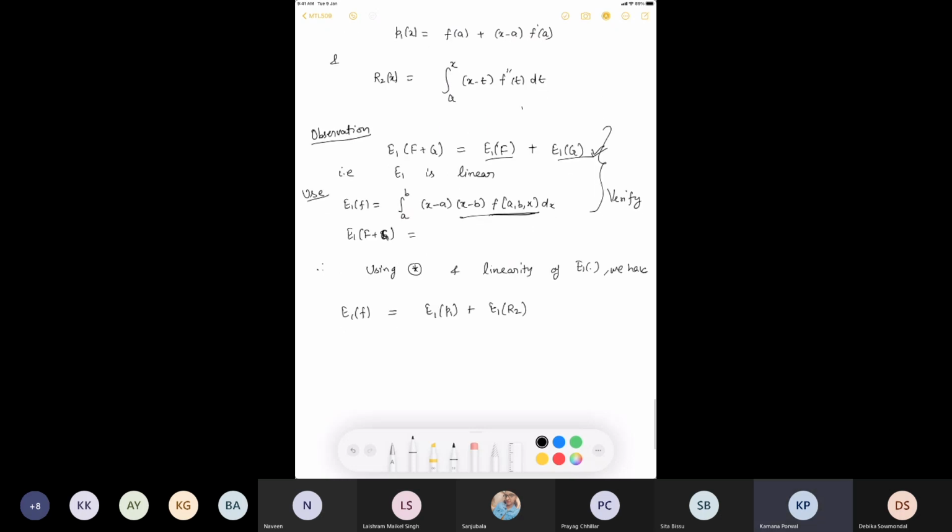Note that here everything is a function of x. I'm not writing it. So f is a function of x, P1 is a function of x, R2 is also a function of x. Is it okay?